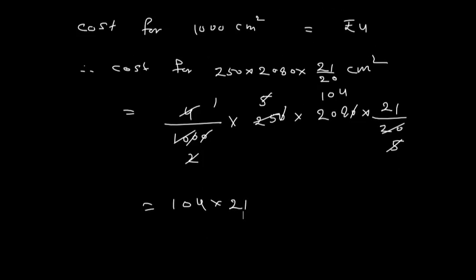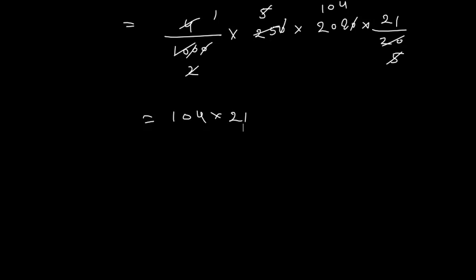So have you seen why I have not multiplied? Because in the calculation most of the things cancelled out. Now 21 4s are 84, so I will write 4. 8, now 21 into 0 is 0, so that 8 I will add with 0, and 21 ones are 21. So 2184 is the cost.